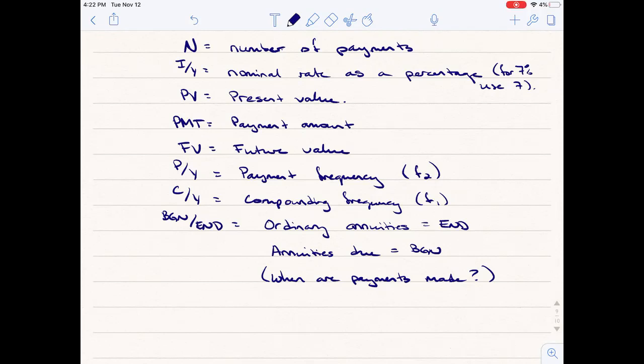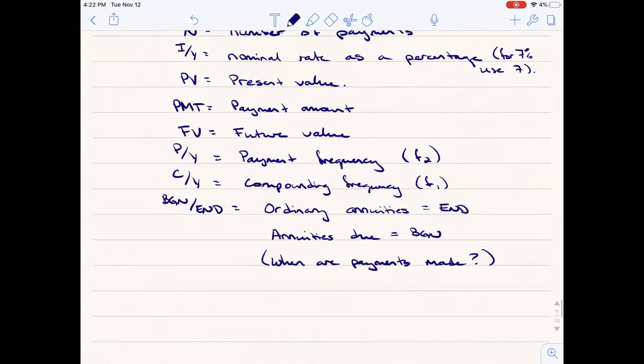Because if we make both our present value positive and our payments positive, that means that we're getting some loan amount and then we keep getting those payments, right? So then at the end we have this huge future value, which we don't really want. That's not what we're going for here.